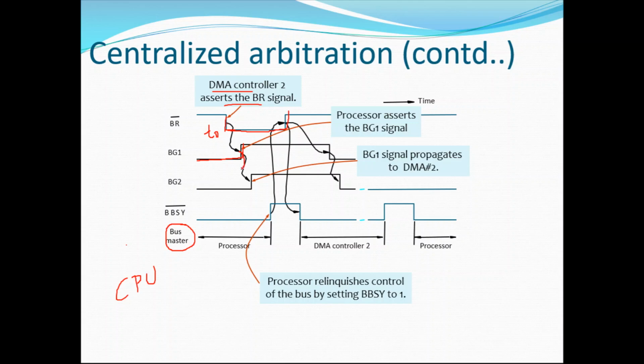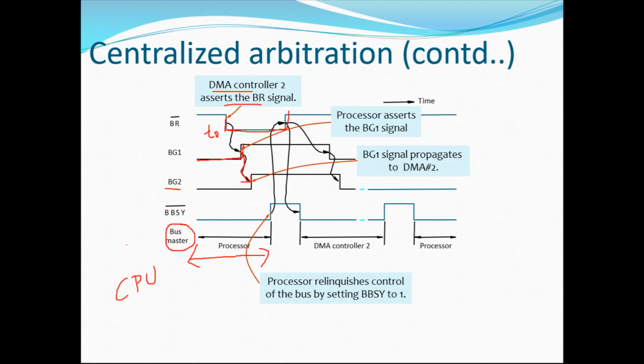The BG1 signal is propagated to DMA2 as BG2. It will take some time to reach DMA2. Until this time, who is holding the bus? The processor is the master of the bus.